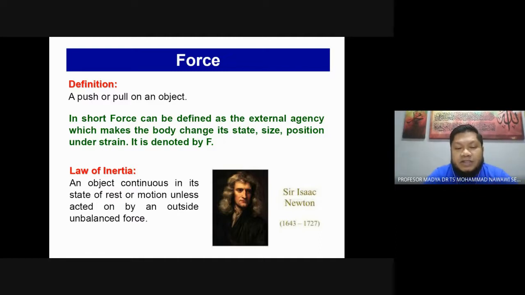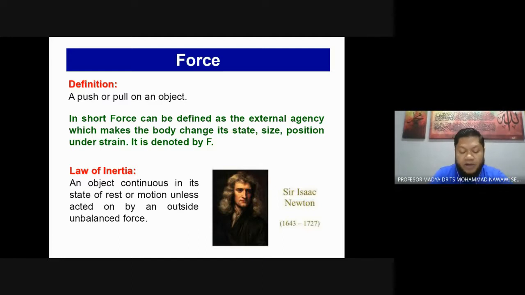It is denoted by F. Sir Isaac Newton discovered this: an object continues in its state of rest or motion unless acted on by an outside unbalanced force. So if you have a motor that is stationary, put at rest, and then you push, it will move.